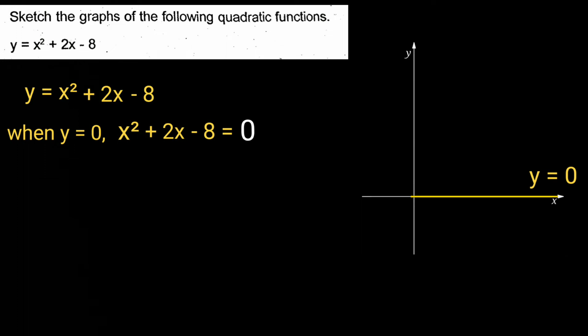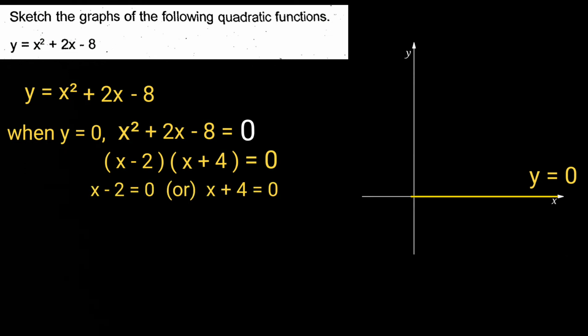Now the equation can be factored and you would get x minus 2 times x plus 4 equals 0. And just like we taught in Unit 1, one of the two products' value would have to be 0 to obtain a final value of 0, so we can assume either x minus 2 is 0 or x plus 4 is 0, and therefore x could be 2 or x could be minus 4.